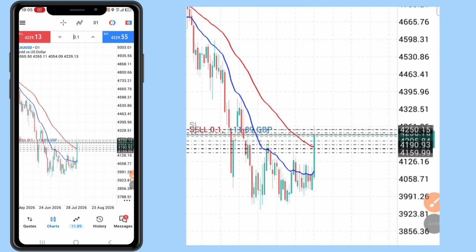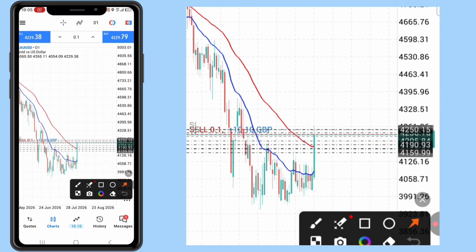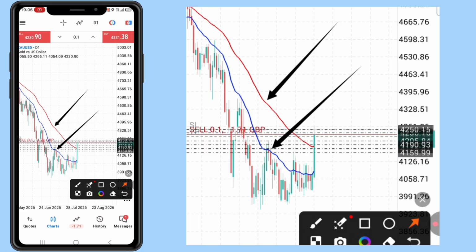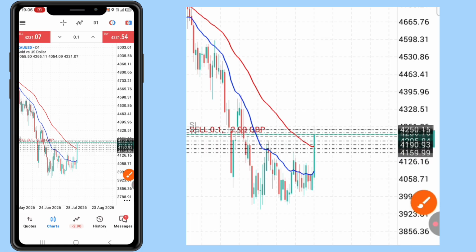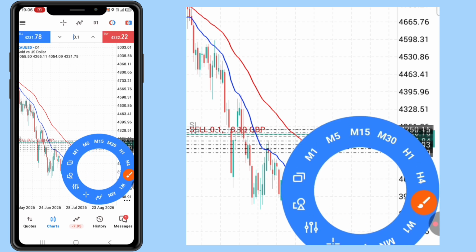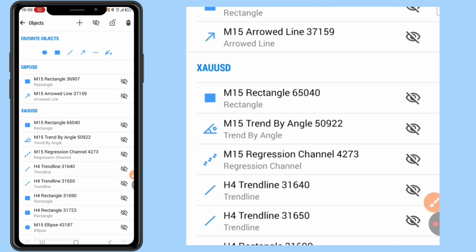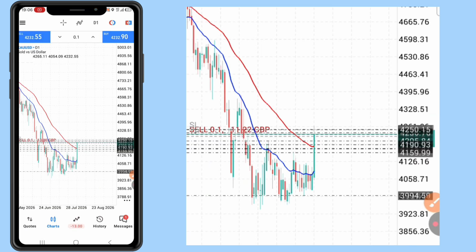If you look at 1 day, you realize that the exponential moving average 50 is above the exponential moving average 20. So for swing traders, they are actually selling, and for those entering the market, they are also following this support zone.